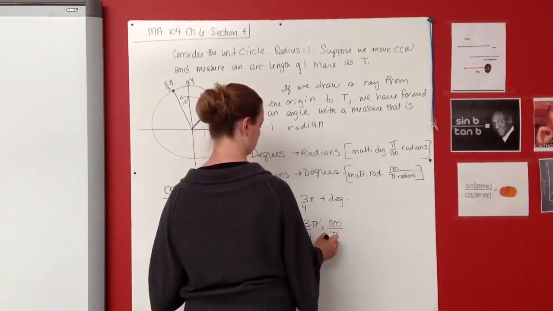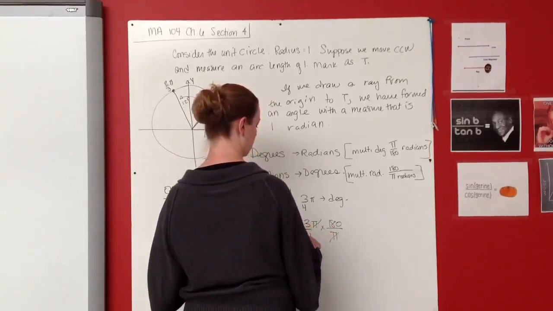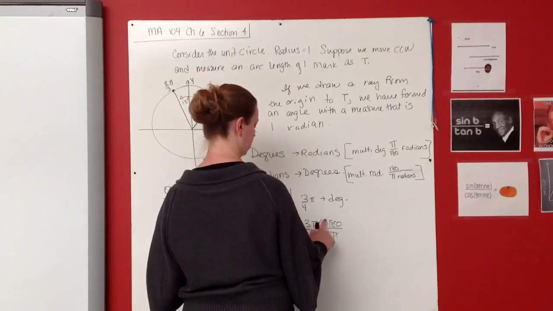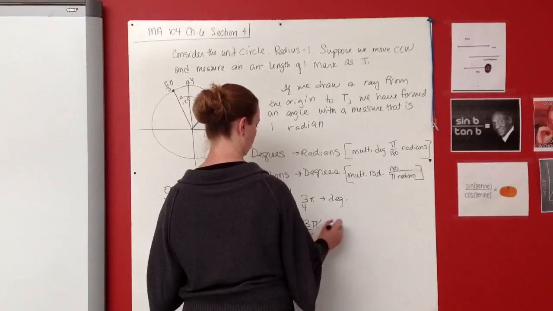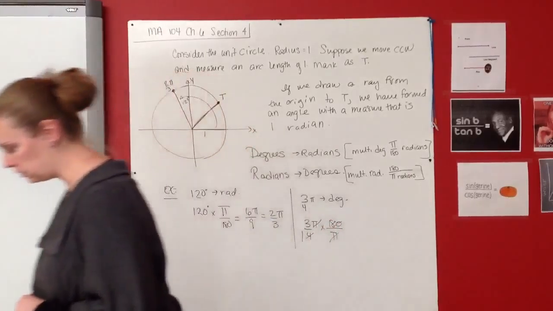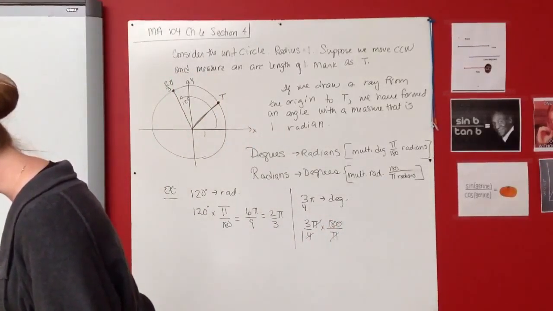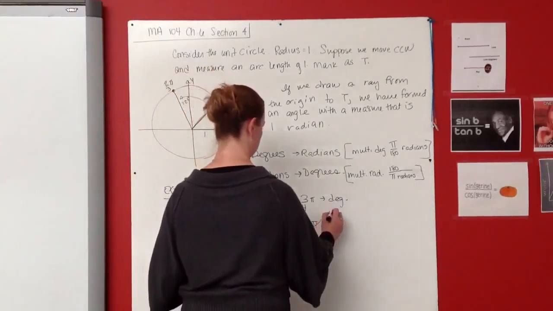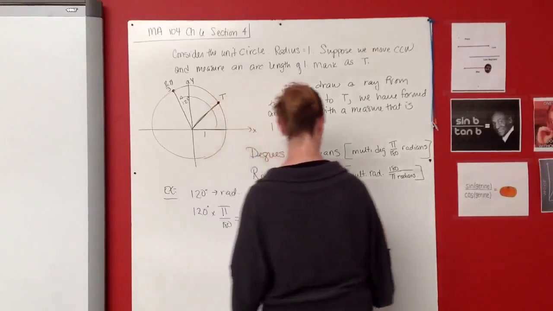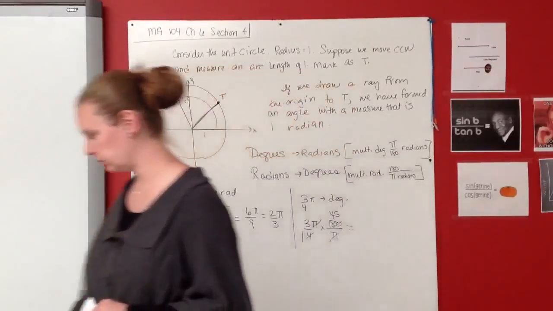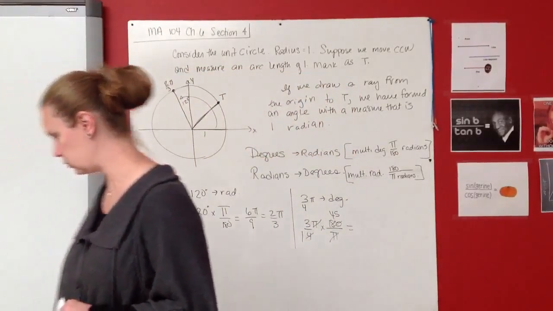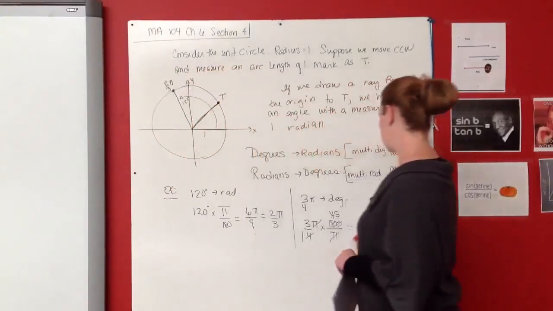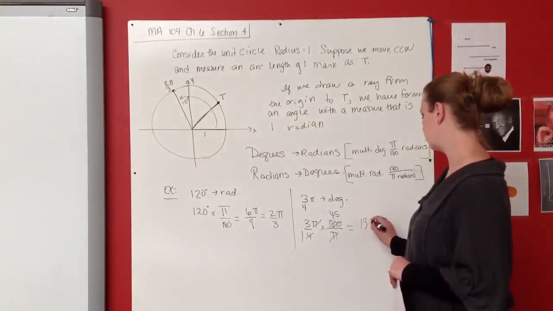Your pi's cancel, okay? And then, let's see. It's 180 divided by 4. Later in the day, the worse my arithmetic skills get. 45. So 3 times 45 is 135. So it's 135 degrees.